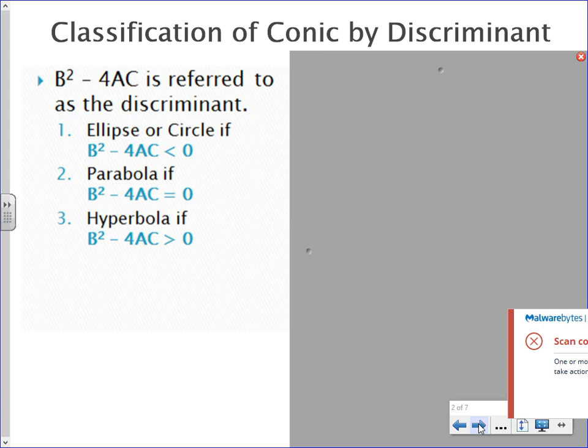If it is a regular horizontal or vertical conic, we do know the difference. I will expect you to be able to tell me the difference between an ellipse and a circle if it's horizontal or vertical, but if it's rotated, we cannot.